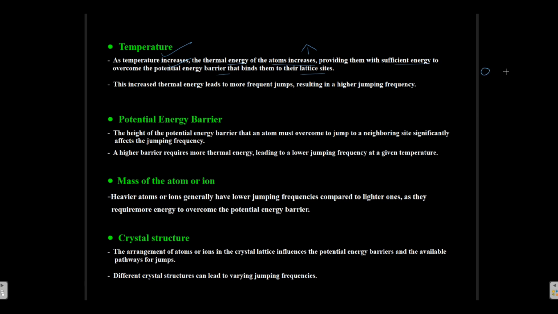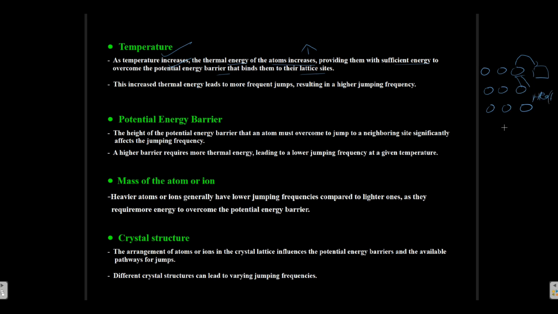So suppose if these are the lattice ions or atoms, and if it needs to jump from here to here, some vacant position, then obviously it needs some energy. And where will it get it from? It will get it from heat energy, right?